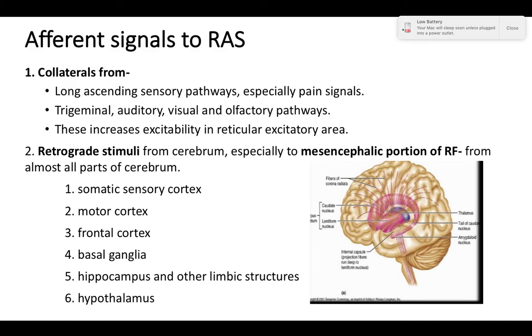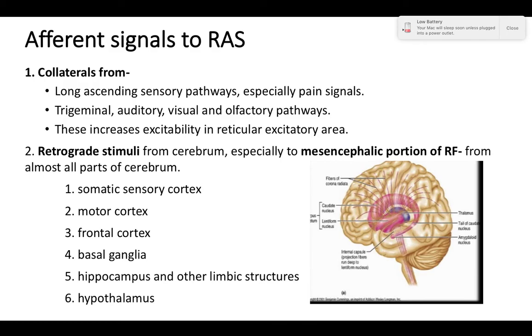Now signals also come from the cerebrum to the facilitatory area of the reticular formation. Those are called retrograde stimuli. They mainly come from almost all parts of the cerebrum: somatic sensory cortex, motor cortex, frontal cortex, basal ganglia, hippocampus and other limbic structures, and hypothalamus.